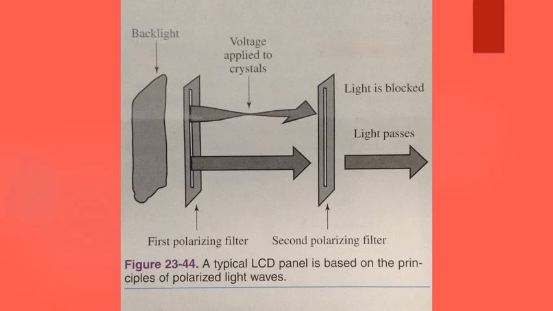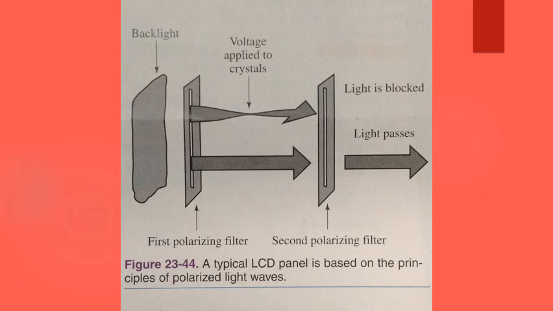How color liquid crystal displays work. To understand how LCD technology works, follow along with the figure shown on the screen, 23-44. The typical LCD panel is simple in construction.